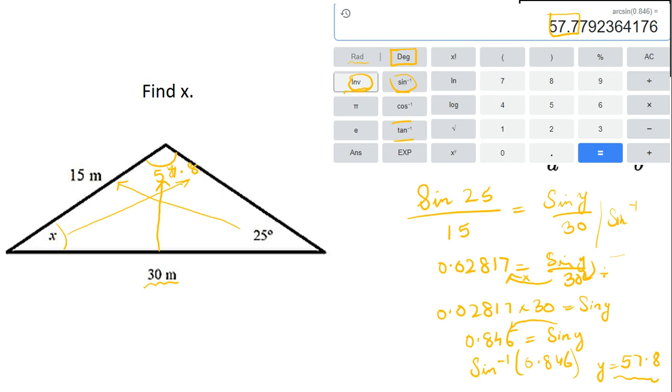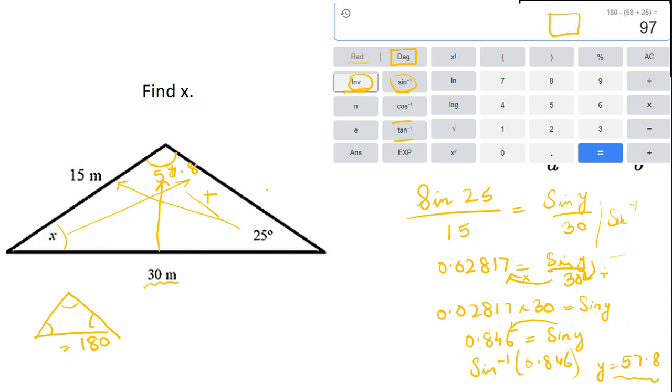Now once I have this angle, you have to realize that if I have two angles in a triangle, then it's pretty easy to find the third angle. Why? Because the three angles of a triangle add up to 180 degrees, which means that if I add these two angles and subtract them from the 180, I'm going to get my answer.